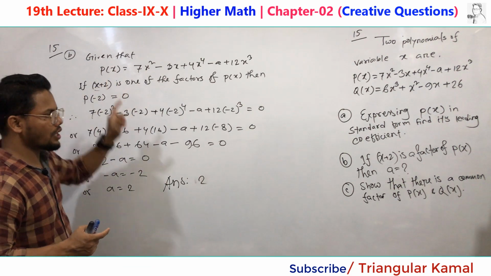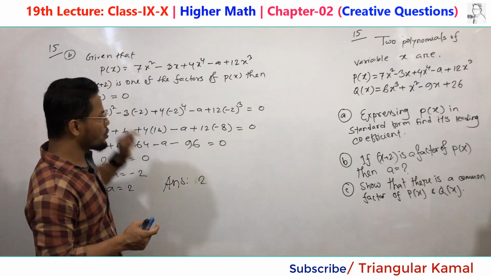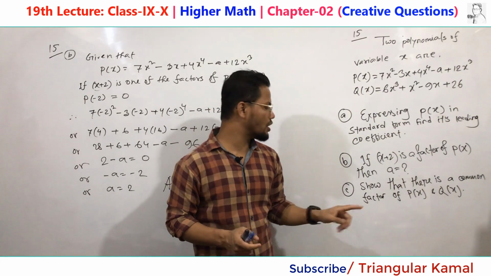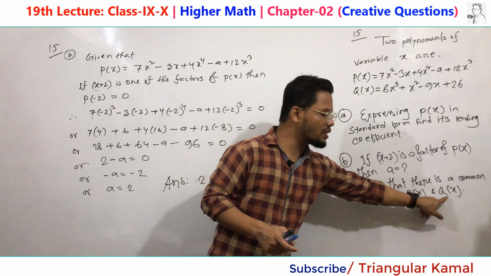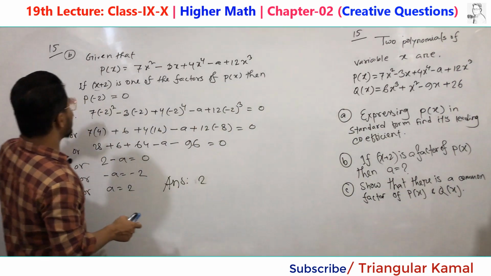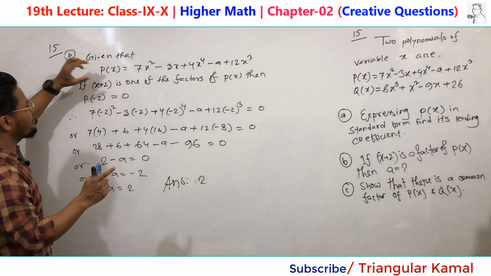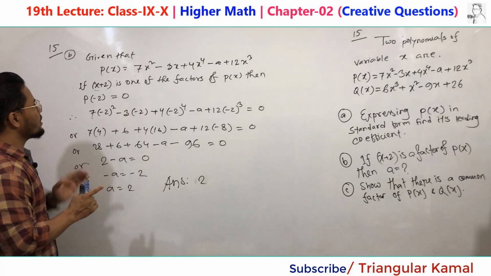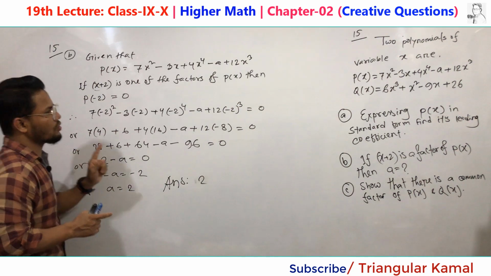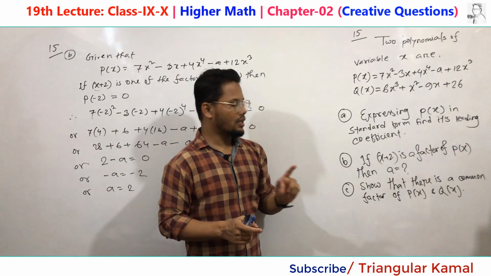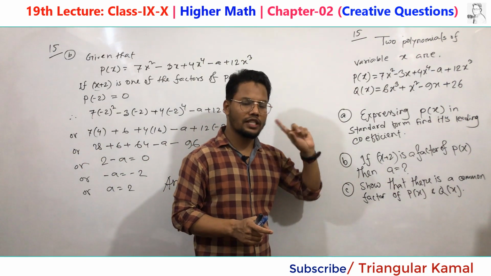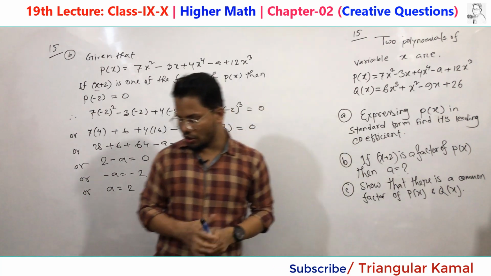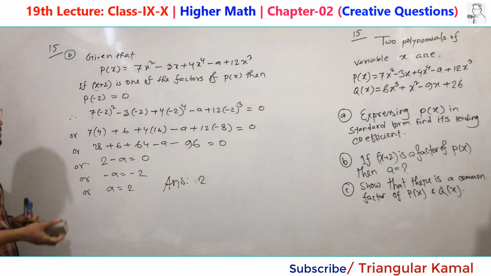If we can show here x plus 2 is also a factor of q of x, then x plus 2 will be the common factor of both p of x and q of x. Okay. Now we can do number C.